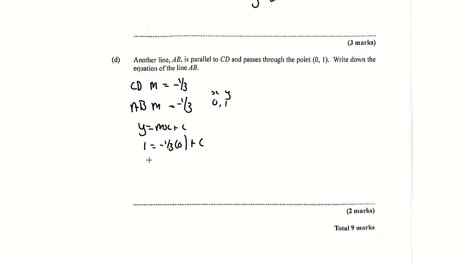I'll talk about this one just now. So therefore, c = 1, because a third minus 0 is 1. So therefore, my equation would be y = m, which is negative a third, x plus 1. Or you can do it in the next format, which is y minus y1 = m times (x minus x1).